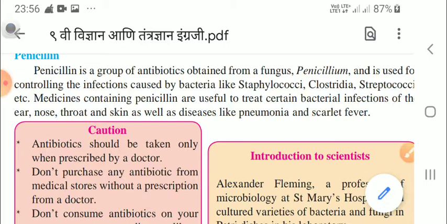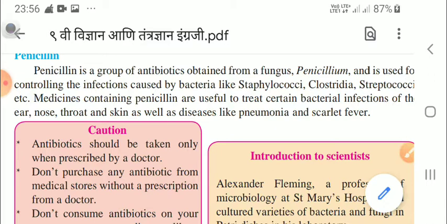So such a disease is called scarlet fever. So in these two diseases the penicillin can be used effectively. So this is all about the penicillin, children.